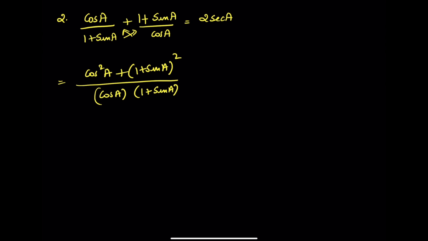Now let's expand this (1 plus sine A) the whole square. So we will get cos square A plus 1 plus sine square A plus 2 times sine A divided by, the denominator remains the same, (1 plus sine A) times cos A.